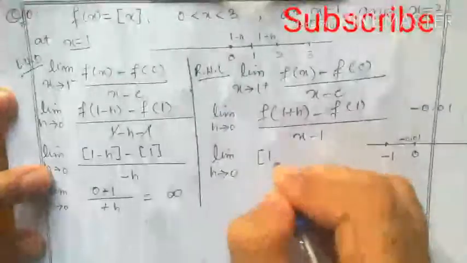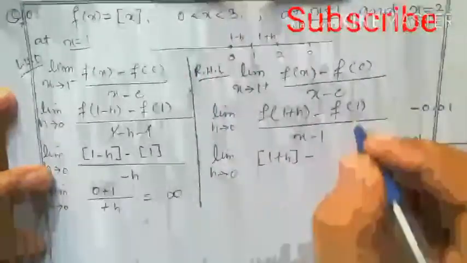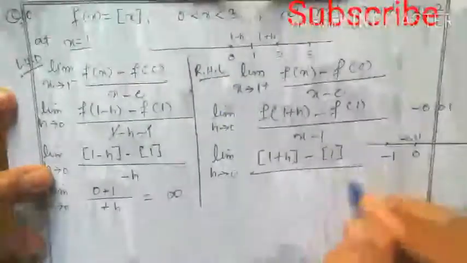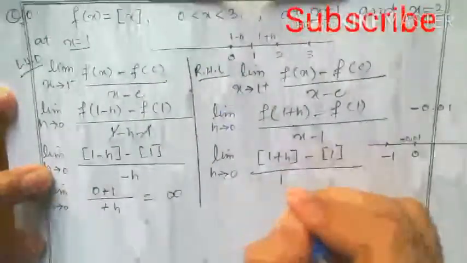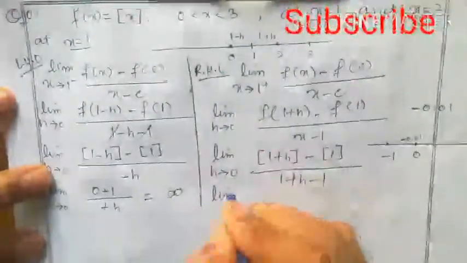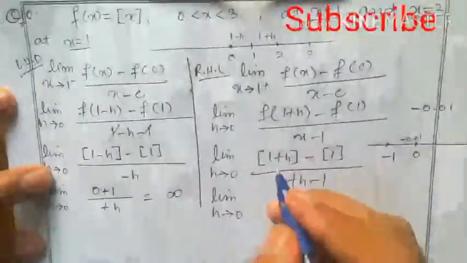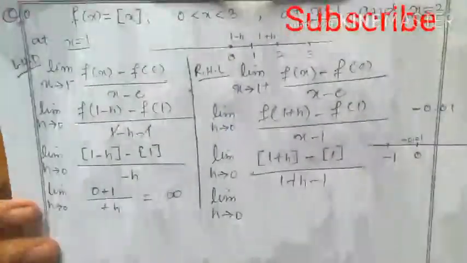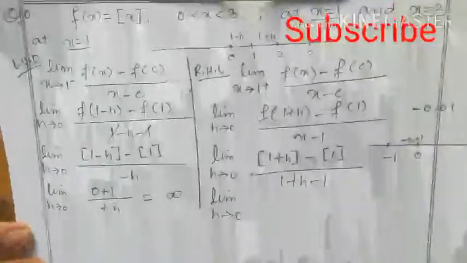So same process. Limit x tends to 1 positive, f of x minus f of c divided by x minus c. So it is limit as x tends to 1 positive, h tends to 0. So f of 1 plus h minus f of c, in place of c is 1, x minus 1.